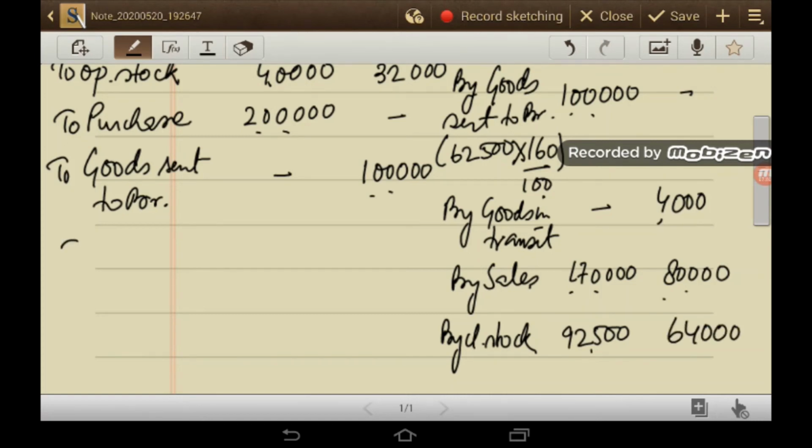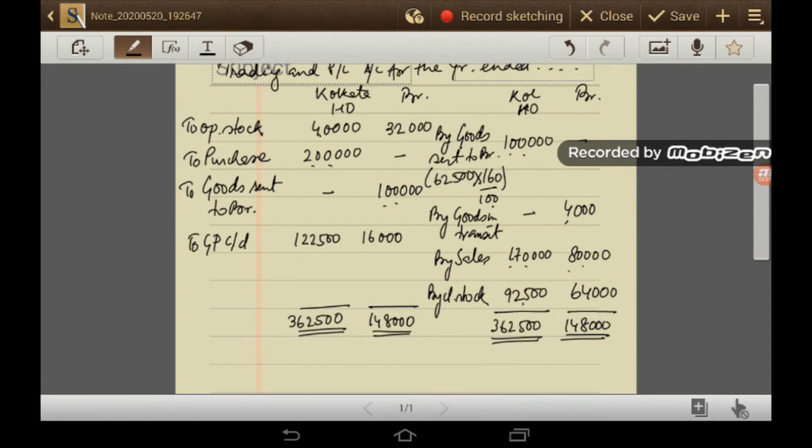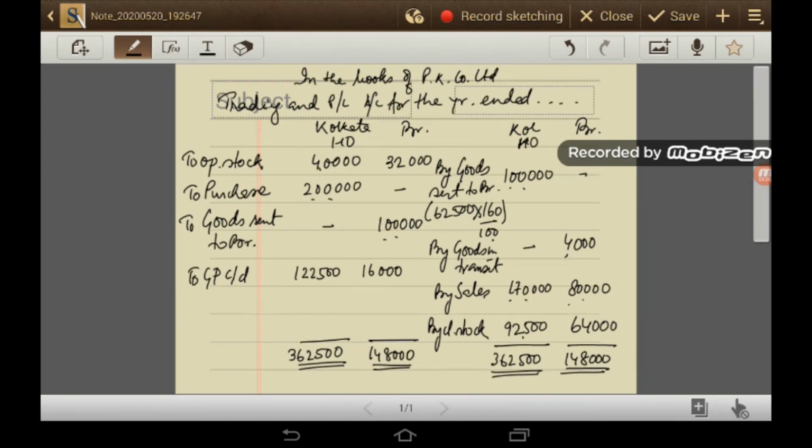So your gross profit will be 1,22,500 and 16,000, and both side totals are 3,62,500 and 1,48,000. So your gross profit for HO is 1,22,500 and for branch it is 16,000.